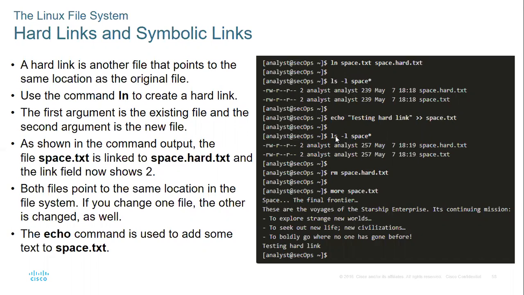Here it means that you're just listing what is in space. Then you can also use this command for removing. The more command can show you what is in the file.